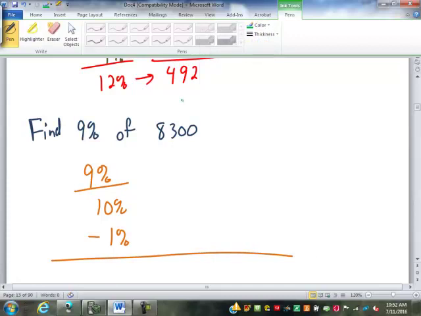What's 10% of the 8,300? $830. What's 1%? $83. Right? If we subtract, that gives us 747. That is 9% of 8,300.